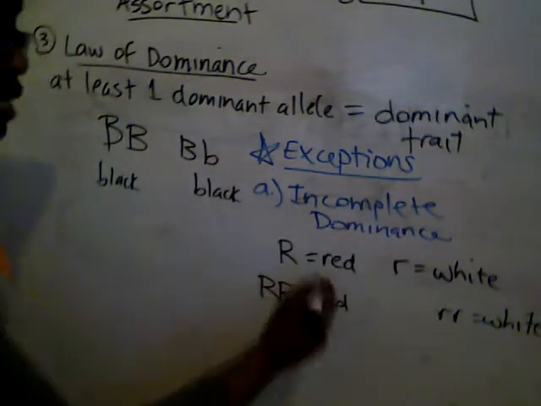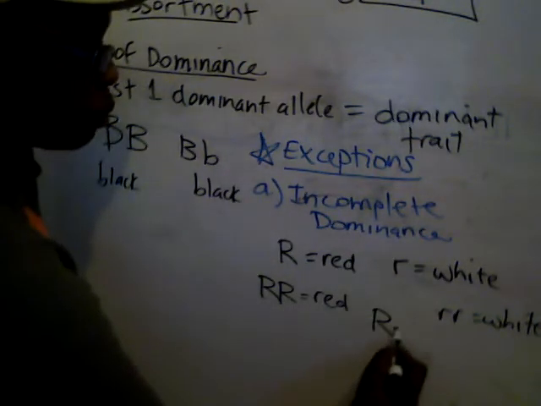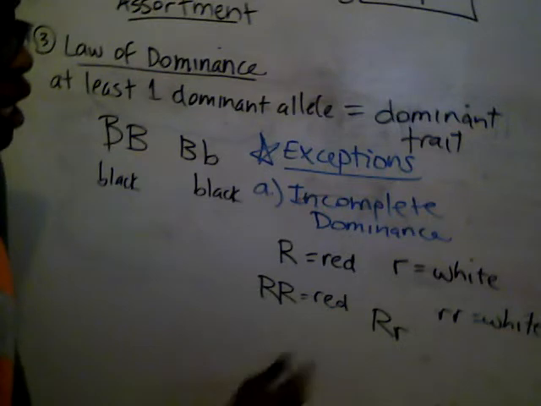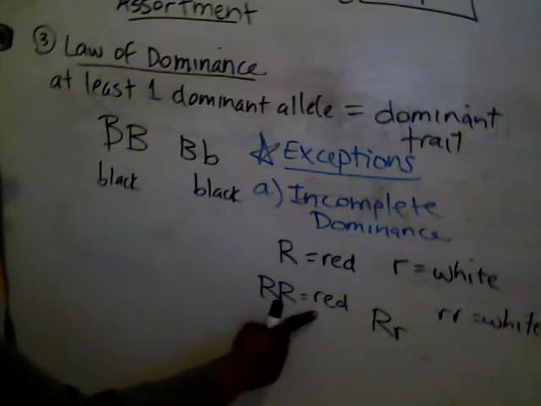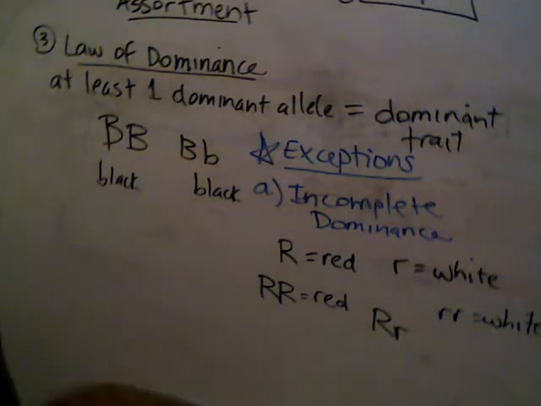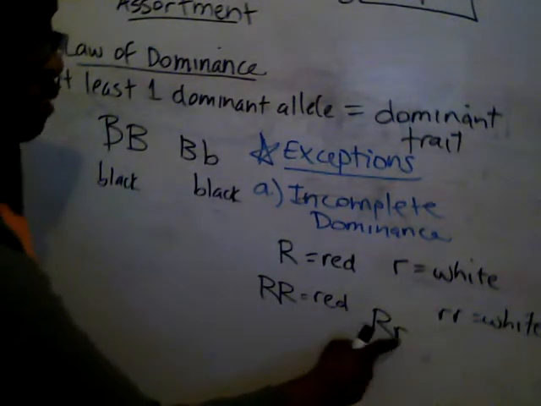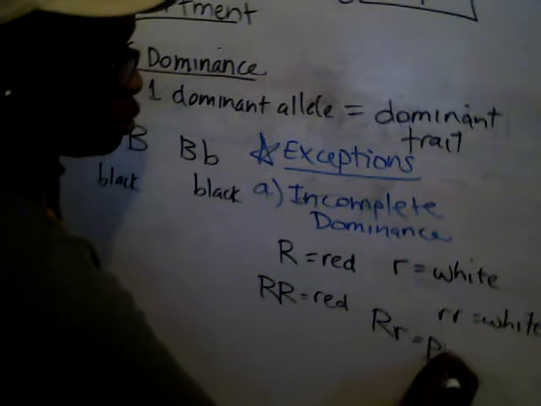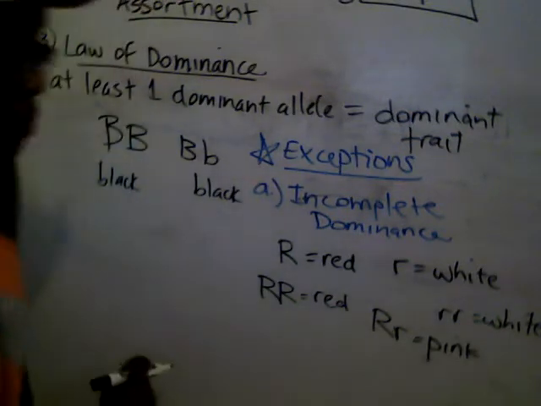But with incomplete dominance, the heterozygous, so the one that has big R and the one that has little r, is not going to be red, because we would predict it to be red according to Mendel's law of dominance. But with incomplete dominance, the one that has one of each is actually a blend of the two colors, so it would be pink.